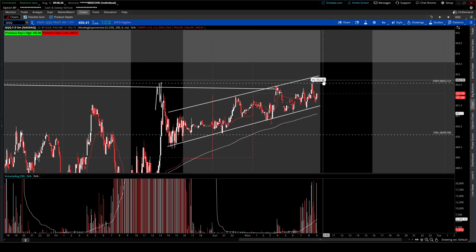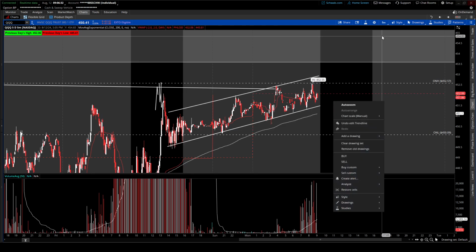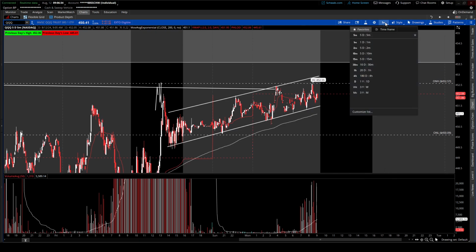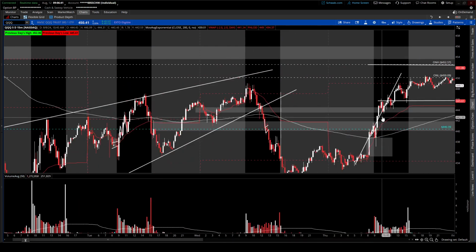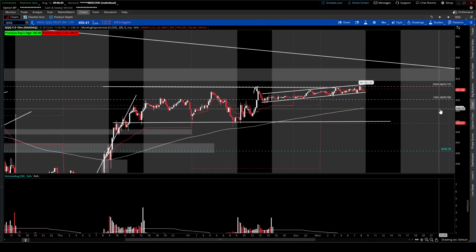We still have some time before the open, but we are opening right at previous high of day, aka Friday's high. That is something I'm going to be keeping an eye on, if we do get a hold below this structure.